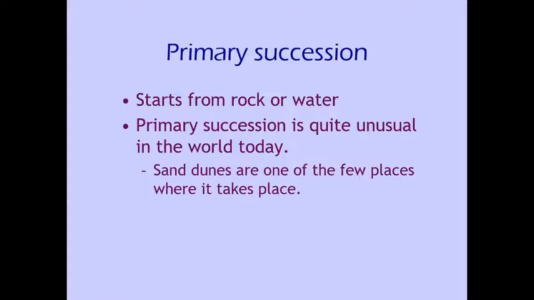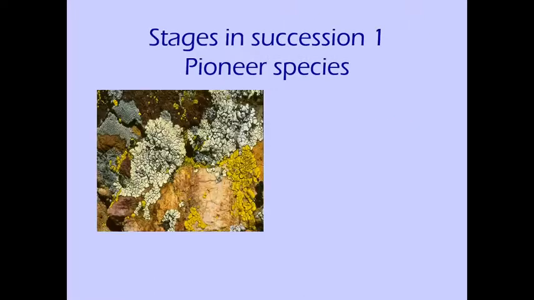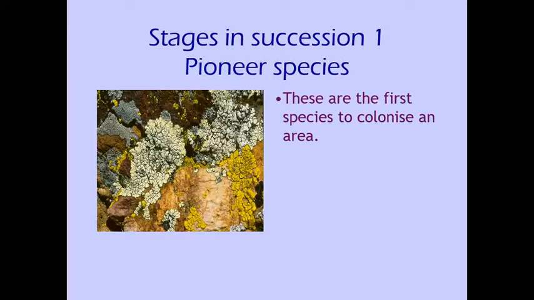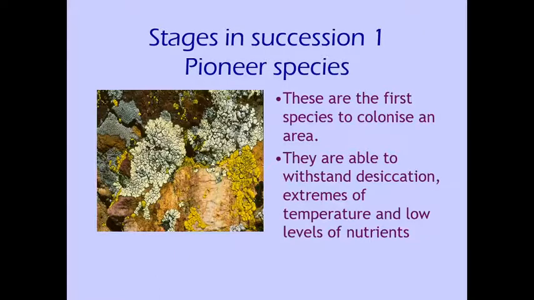So at first we just have water or rock in the environment. For example, on volcanic islands we have just rock or water. Stage 1: in this stage we just have the pioneer species.